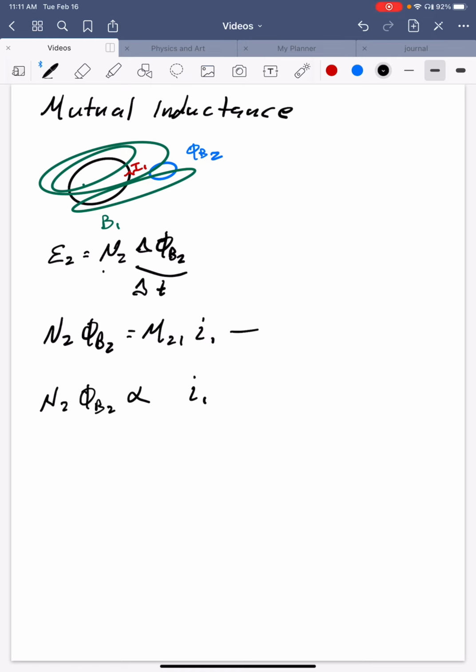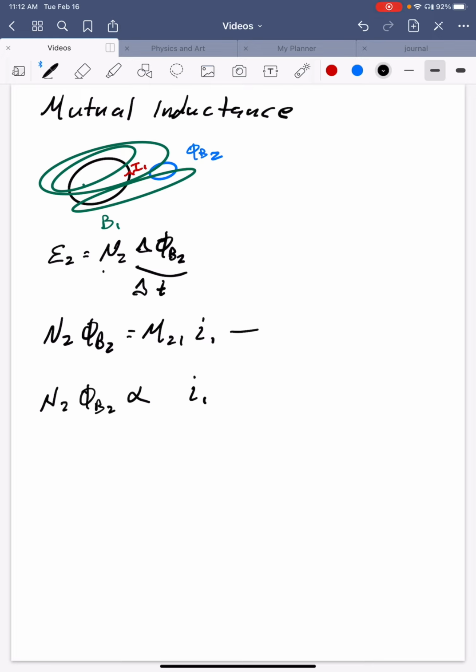The constant of proportionality that makes it an equality is this M21, the mutual inductance in coil 2 due to the magnetic field generated by coil 1. That's what mutual inductance is in this case: it is the response in a second coil due to the conditions in a first coil.